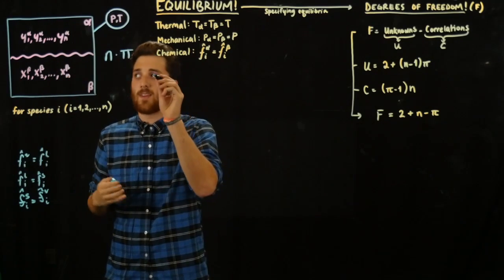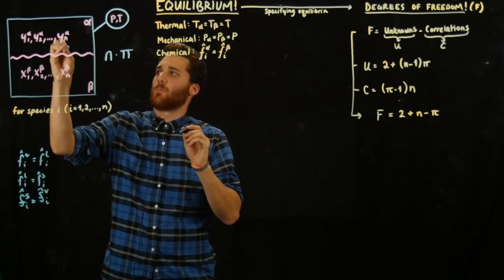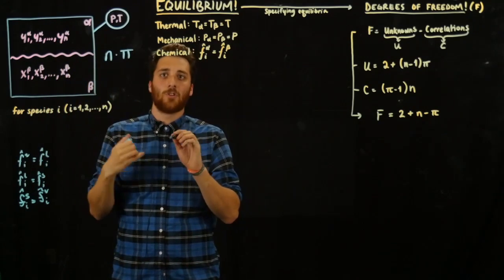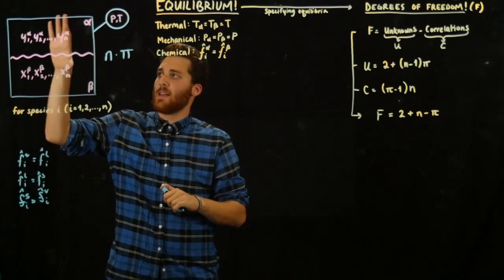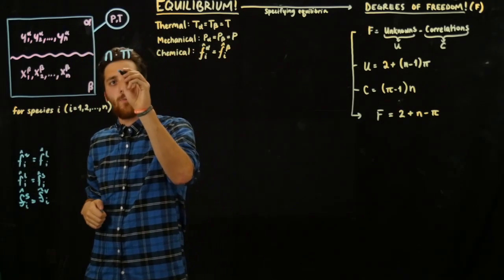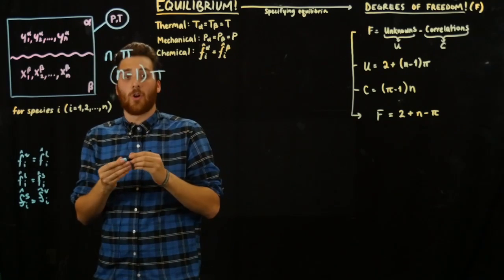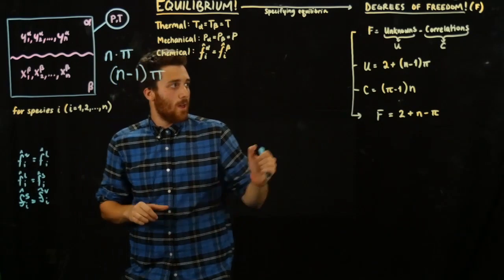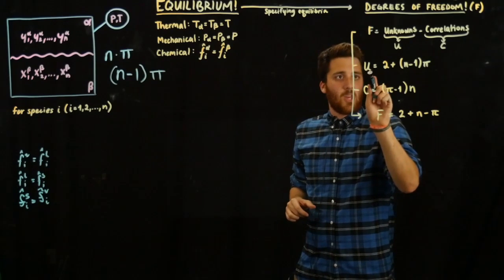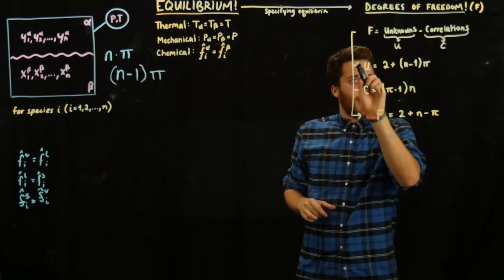We know that the sum of y1 plus y2 plus y3 all the way to n should equal 1. So our nth term is already specified. So really we only have n minus 1 times pi unknowns for our compositions. We show this over here by saying u equals 2 plus n minus 1 times pi.